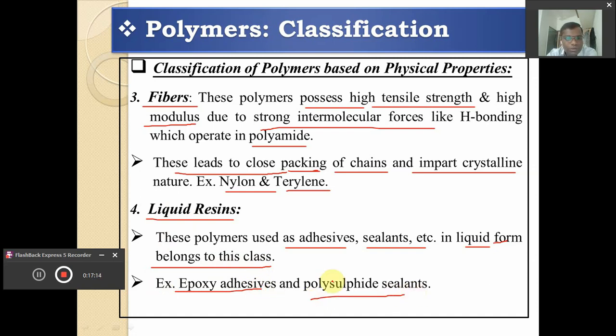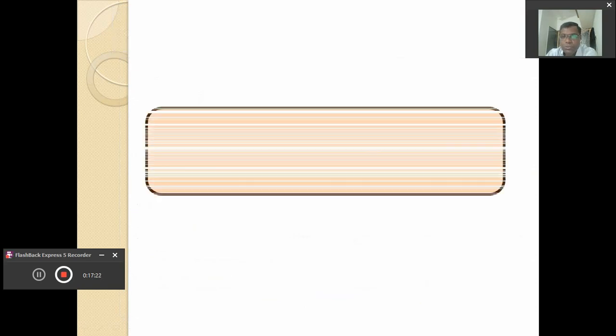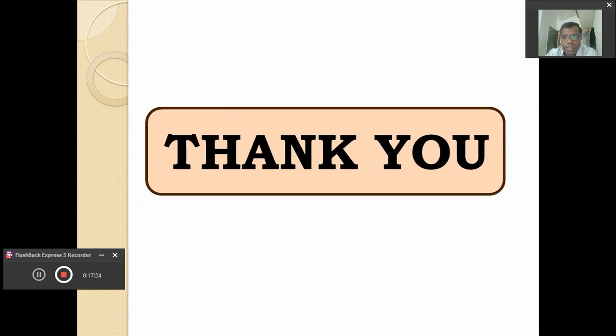So this is all about the classification of polymers based upon the 4 different criteria, and those criteria are the source of polymer, structure of polymer, thermal response of the polymer, and the last criterion is the physical properties of polymer.